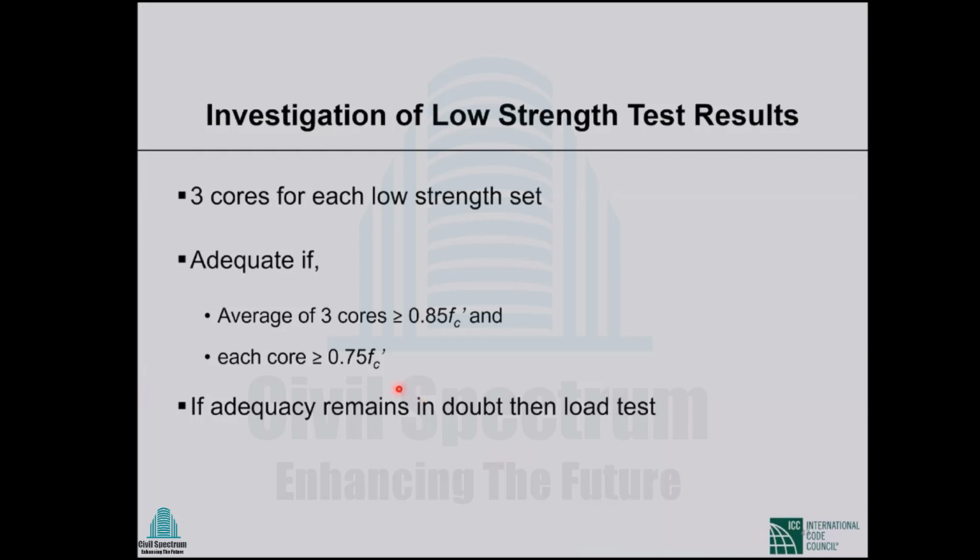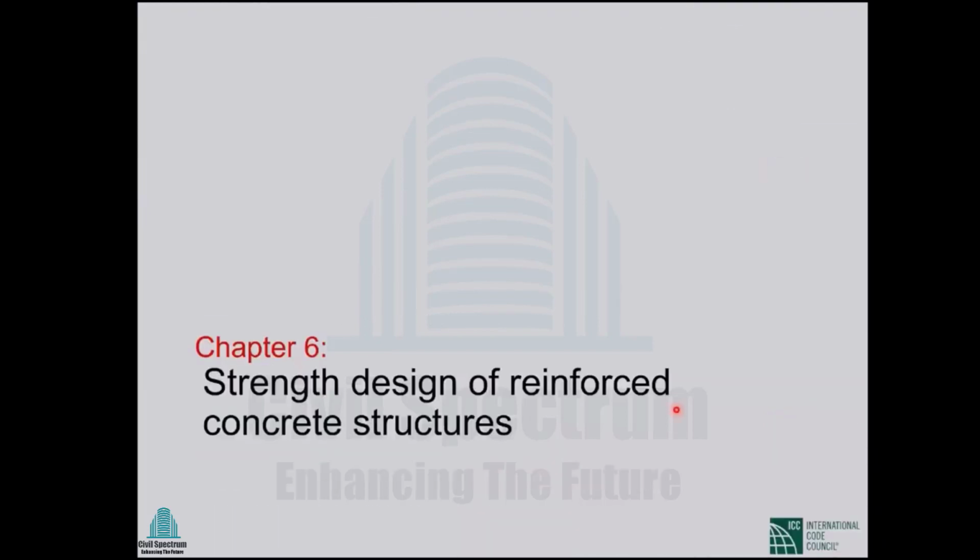You apply the recommended amount of load on the structure and take readings of deformation, and then you can decide. If the structure fails even in the load test, then you have to demolish the structure. So this is one important, frequently asked thing, so I mentioned this.